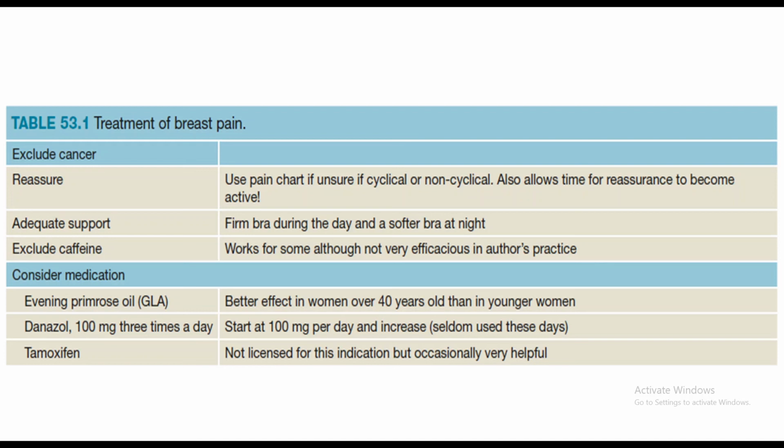What you have to do is reassure, give adequate support, exclude caffeine, and first of all definitely exclude cancer. In medication, evening primrose oil is helpful, danazol 100 mg 3 times a day can be helpful, and tamoxifen is given by some practitioners.